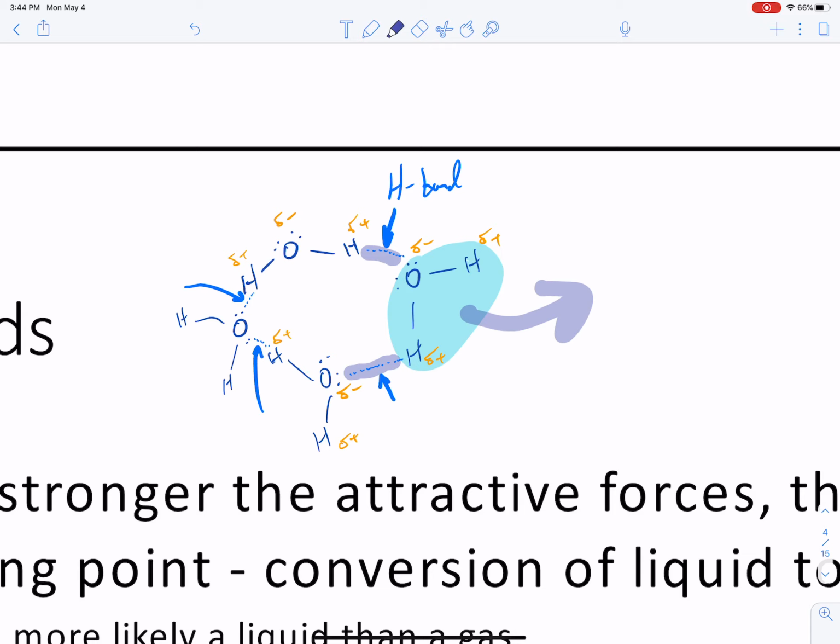So now then, what do we do? Well, to do this, we have to add more heat. When you're adding more heat, that is what we were talking about last time, where it is endothermic. You have to add more heat.